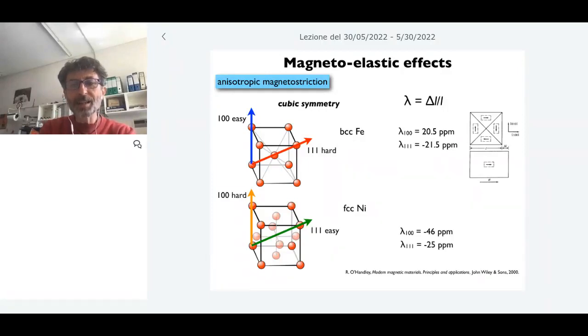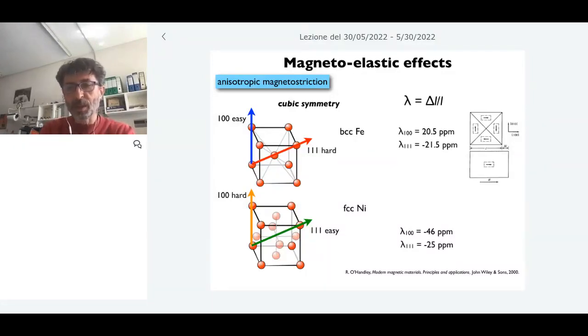It's slightly deformed, in the case of iron, positively. So the 1, 0, 0 axis, where the magnetization is, and not the other two, will be slightly larger. Slightly, as you see at the right-hand side, is few parts per million, so something that is very small.